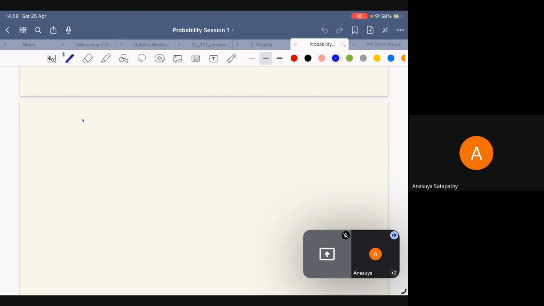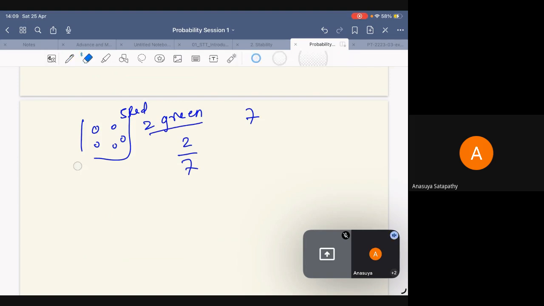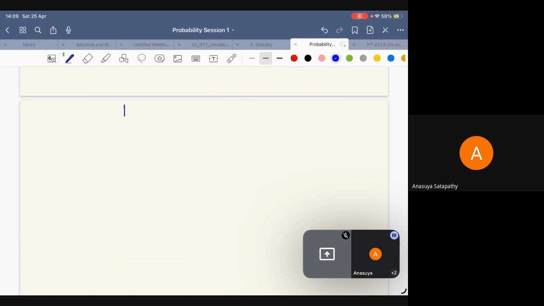For example, in a box there are five red balls and two green balls. What is the probability of getting a green ball? We know it's 2 by 7. Total number of balls is 7, and the probability of getting a green ball is 2 by 7. So this was the basic concept of how probability works.